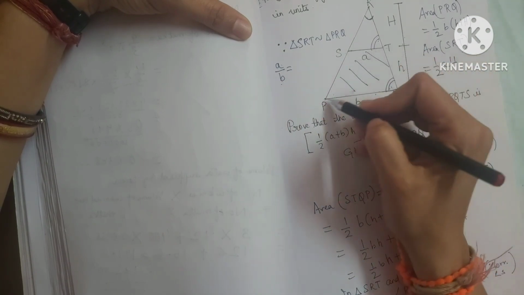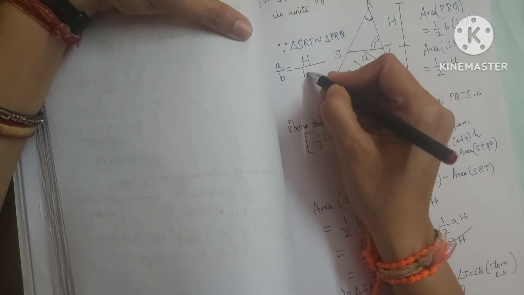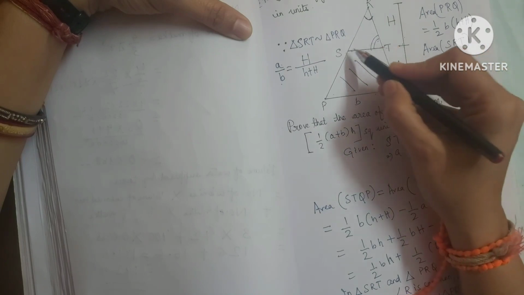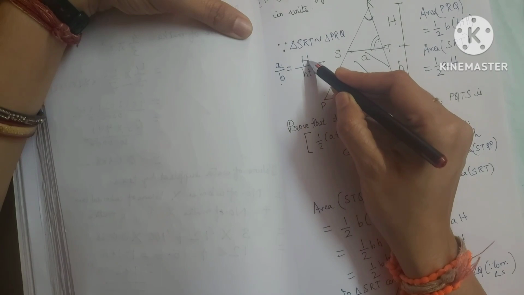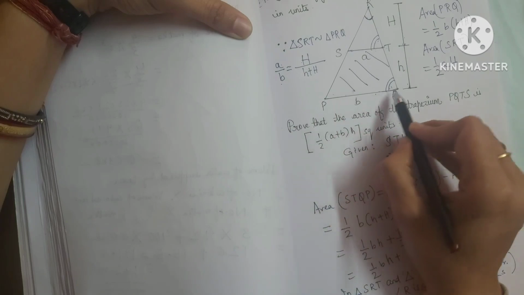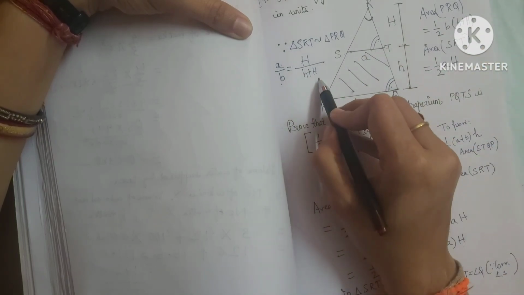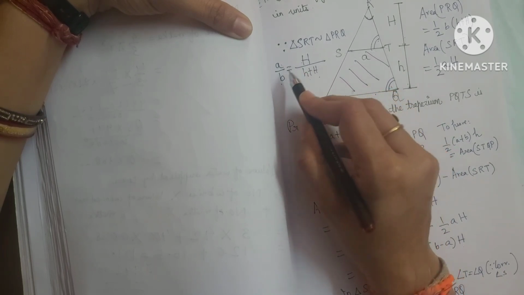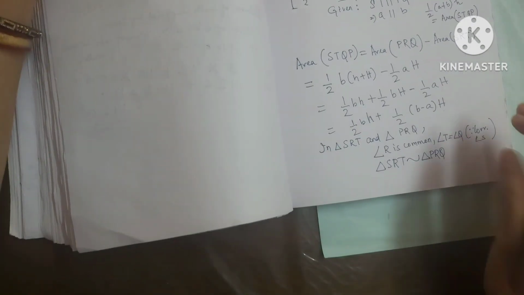A by B I have taken, so A by B equals capital H by H plus h. This is for the small triangle. A is the side and corresponding here on the right hand side I will have the altitude capital H, right? Then for the bigger triangle the base will be B. Similarly its altitude or height will be H plus h. So this is the H I can find now in terms of A, B and h, right? So I'll write it down below to find it out.